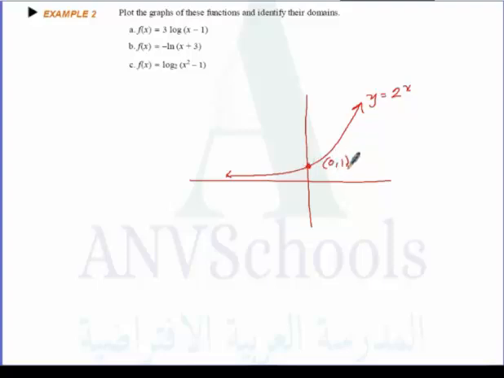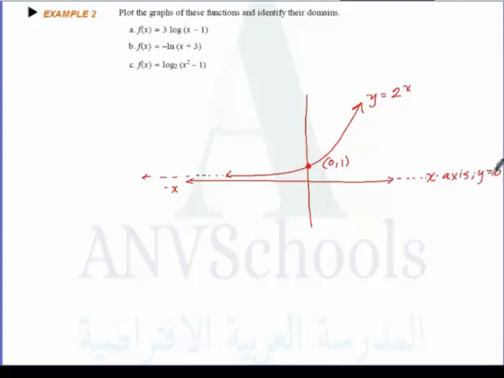And it remains asymptotic on this portion because it will try to reach our negative x-axis, but it won't be able to touch it. Therefore, it has an asymptote at the x-axis, or when y is equal to 0.